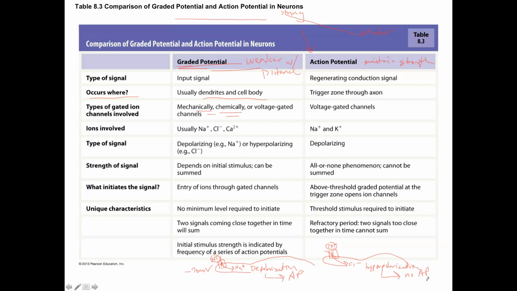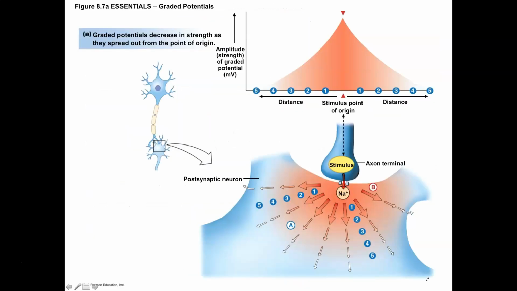So how does a graded potential spread then? If you take a look at this diagram, you'll see we have an axon terminal, and this is where you can release, let's say we release a neurotransmitter that's binding to this receptor, we'll call this R right here, and it's triggering this chemically gated channel to open, and it lets the sodium come in.